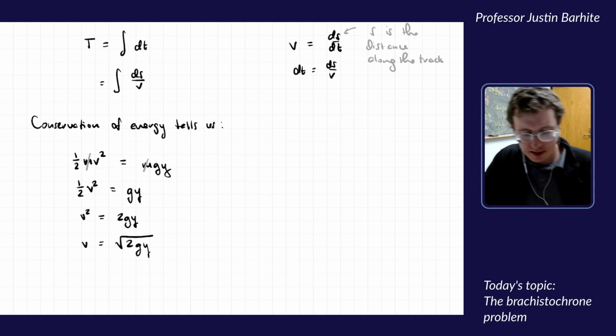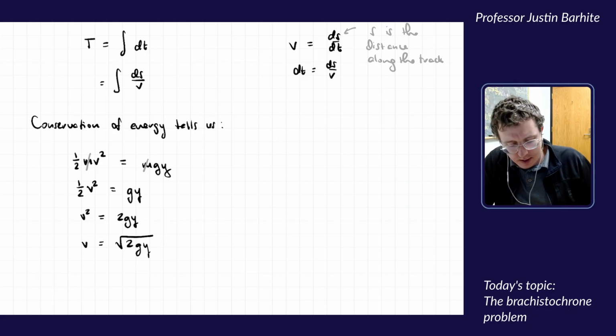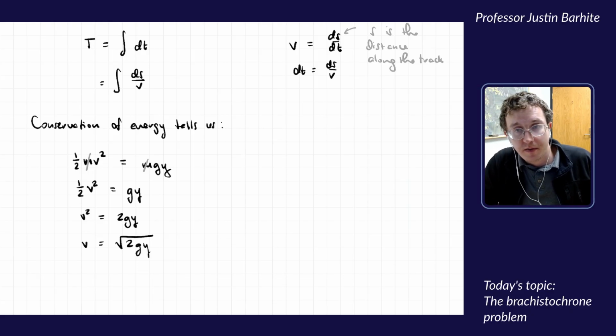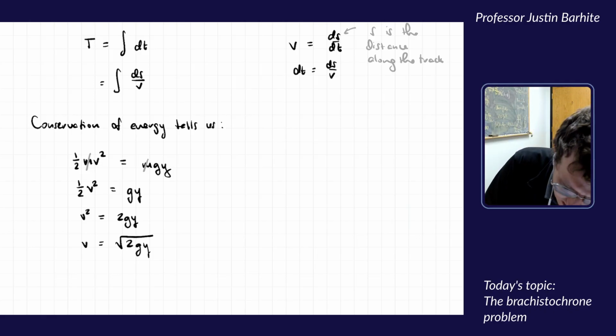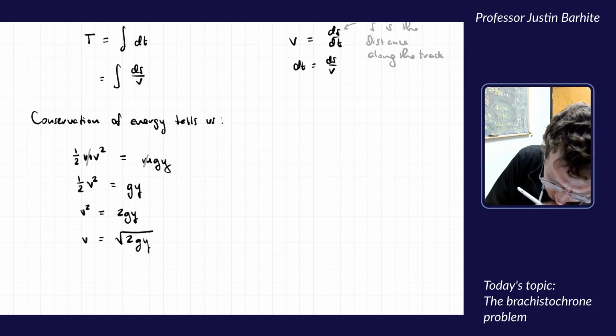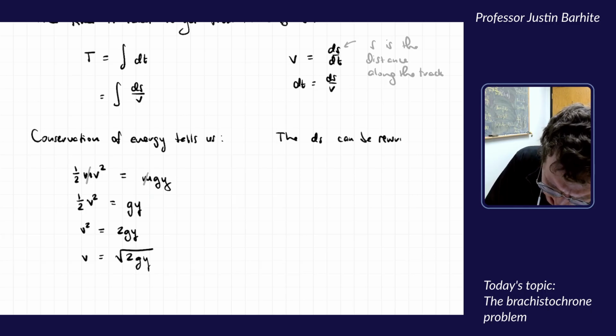We also need to rewrite this ds. And that's something that should be familiar from your study of arc length. So the ds can be written in terms of y and y prime.